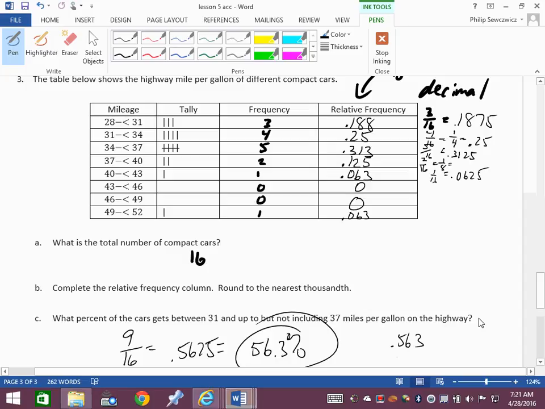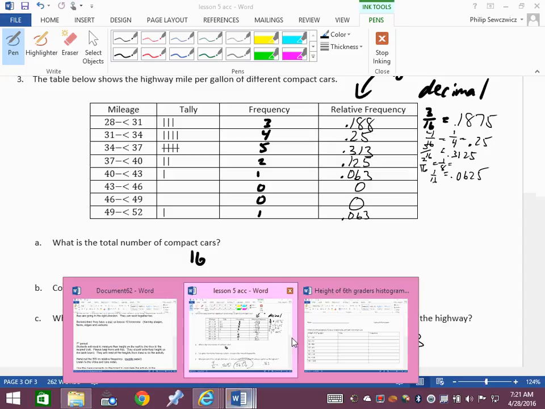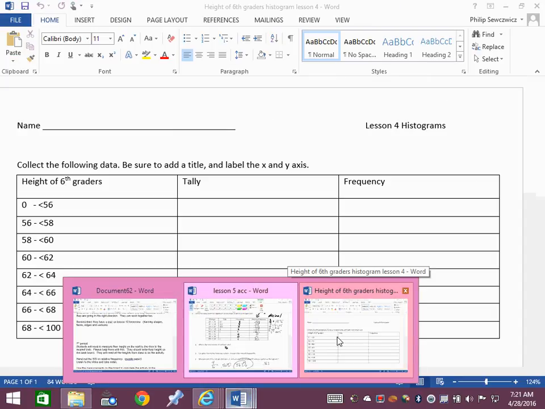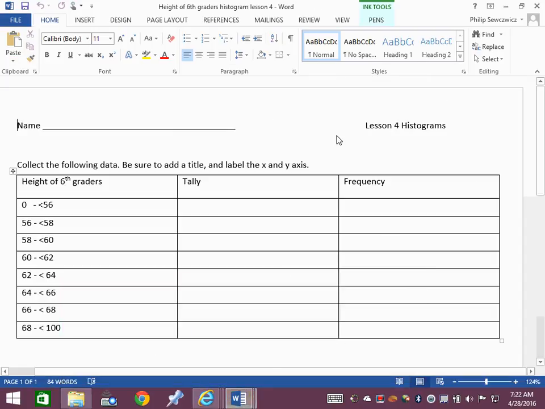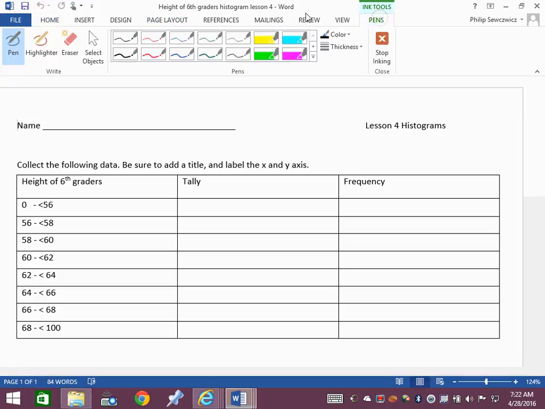Once you do that, you're going to be able to start doing your activity with your heights. The heights should all be on the backboard from everyone in the class. There are a few changes I would like you to make to this particular sheet, which is in your classwork. The one thing I want you to do is add in relative frequency.